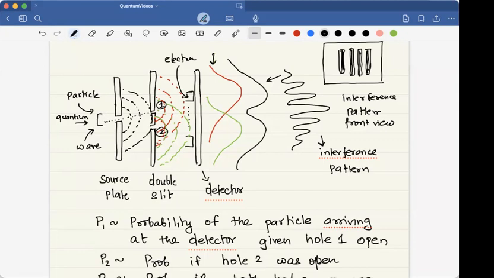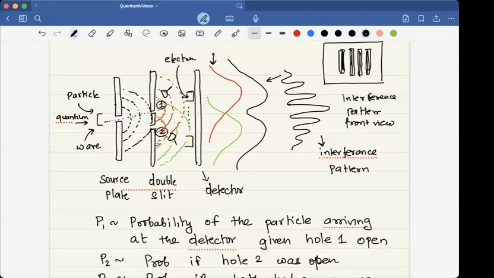The other thing that you can do is put a detector near one of the holes and observe the electrons. When you do that, you do observe that the detector goes off. And if you put a detector on hole number 2, then you can see that the electron gets measured by either one of the two detectors.